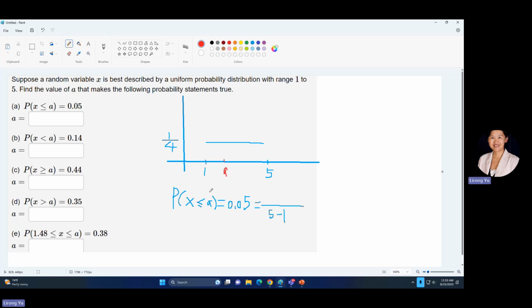The probability x lower than a is 0.05, so the upper boundary is a, and a minus 1 over 4 equals 0.05. Solving that will give us a. Multiply both sides by 4, then you have 0.2 equals a minus 1. Therefore, a equals 1.2.